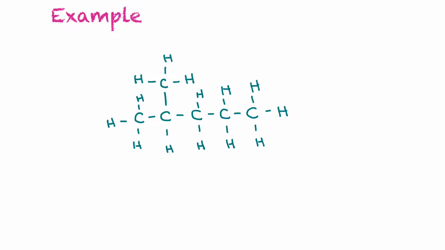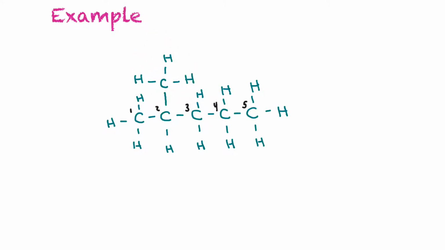So for this one, we need to take a look. If we count here, 1, 2, 3, 4, 5, or 1, 2, 3, 4, 5, either way would be the same molecule. The first thing we have to do is number the carbon atoms in the parent chain. So we pick this 1, 2, 3, 4, 5. The branch is right here.